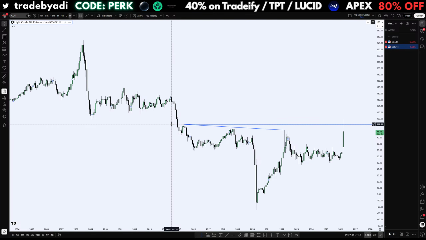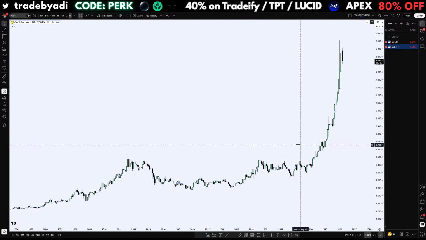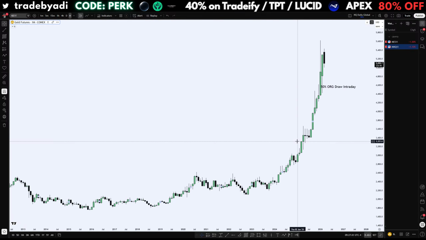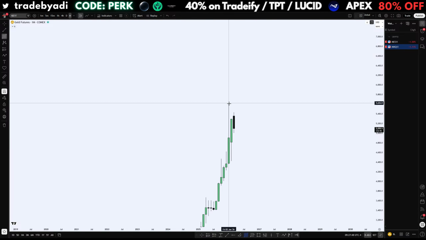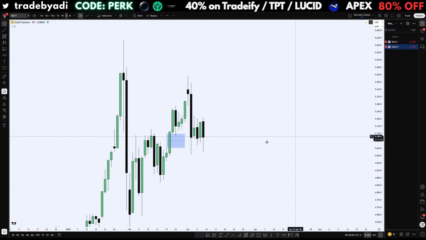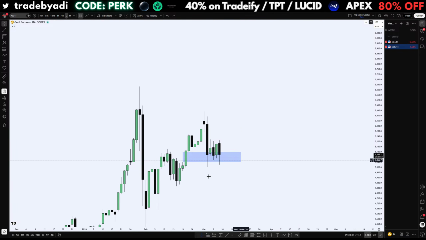Let me check the gold also, the GC. And if you see, we have closed the body about 50% of this week. And let me check the daily. We are still inside this fair value gap, and we are taking support from this order block.